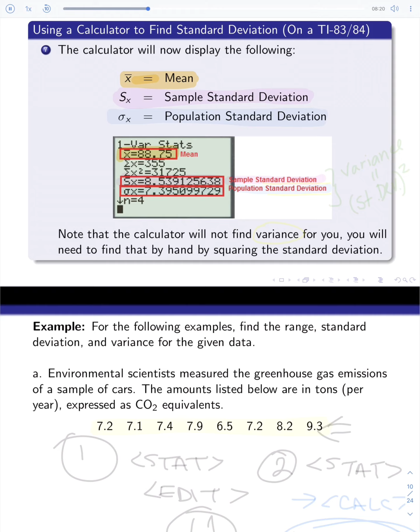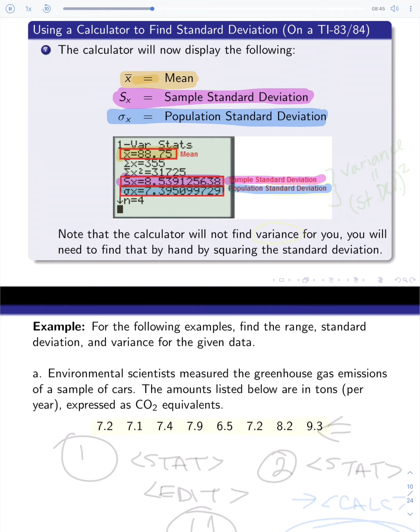Then below they give you 2 other pieces of information. One of the first things that they give you is what's called an SX. Remember, S stands for sample standard deviation. S is for sample. Then right below it we have that sigma X, which is going to be your population standard deviation.